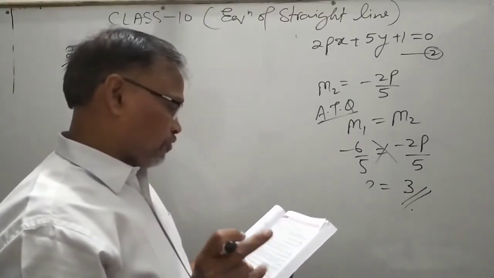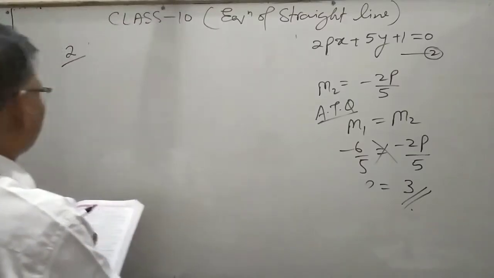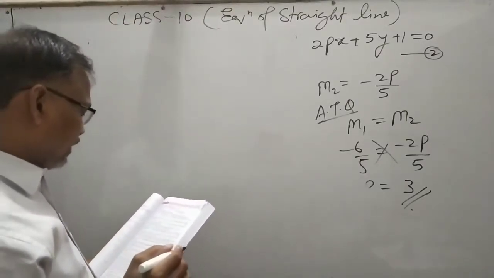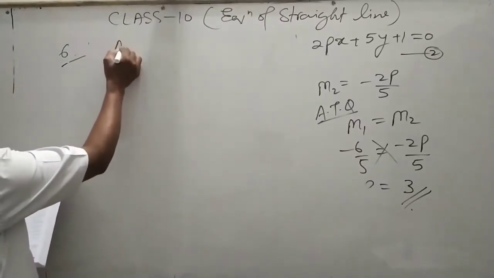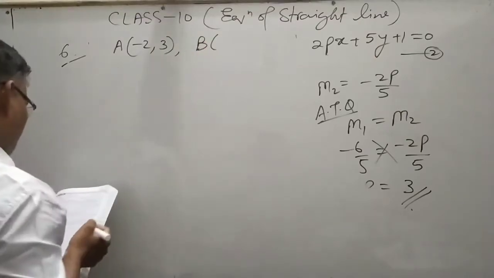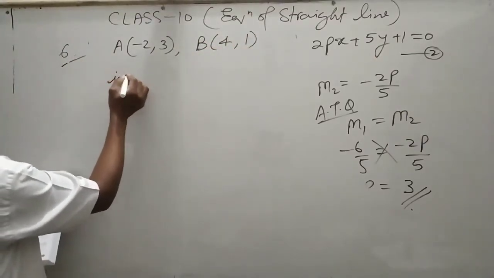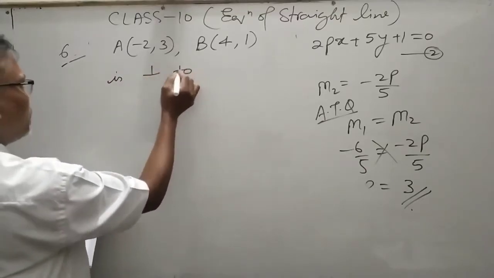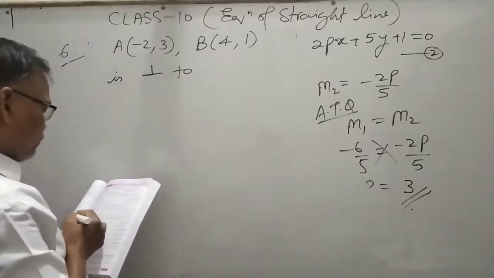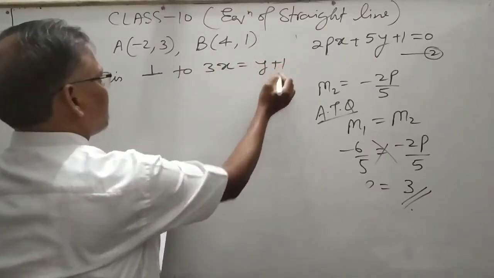For example, question number 6: the line through A(minus 2, 3) and B(4, 1) is perpendicular to 3x is equal to y plus 1.